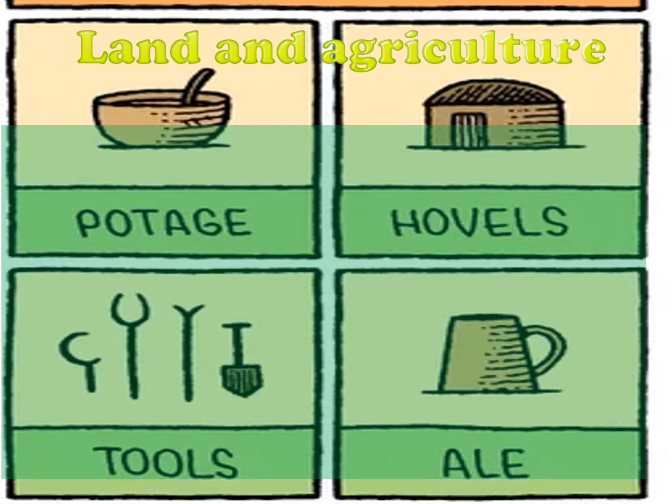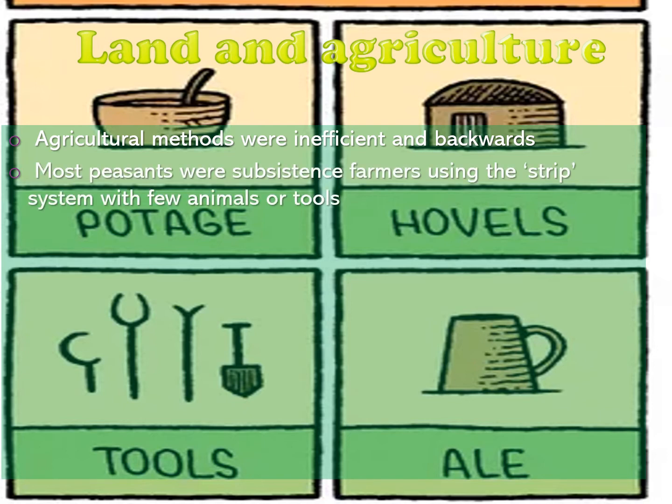In terms of land and agriculture, the agricultural methods are ineffective and backwards, which if you are an agricultural country, is quite possibly the most damning thing that anybody could say. They are still using hand tools. They are pretty much subsistence farmers who are using a strip system.